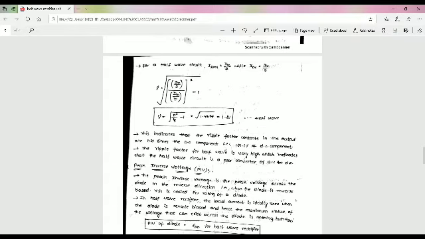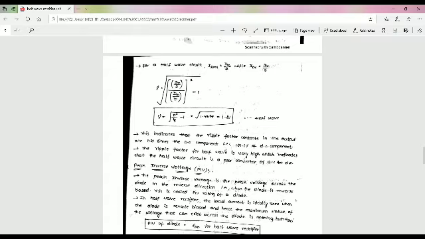In the half-wave rectifier, the load current is ideally 0 when the diode is reverse biased, and hence the maximum value of the voltage that can appear across the diode is nothing but E_sm.